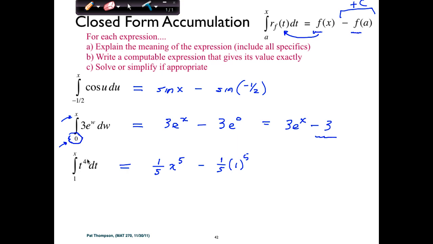Right, so the power rule for derivatives means reduce the exponent by 1. So for the antiderivative, we're going to raise it by 1. But when you raise it by 1, you get x to the fifth. The derivative of this is 5x to the fourth, and we don't have a 5 here. You see? So how do we change that to make it right? Divide by 5. Put a 1/5 in there, and now 5 times 1/5 is 1. x to the fourth. There's our rate function.